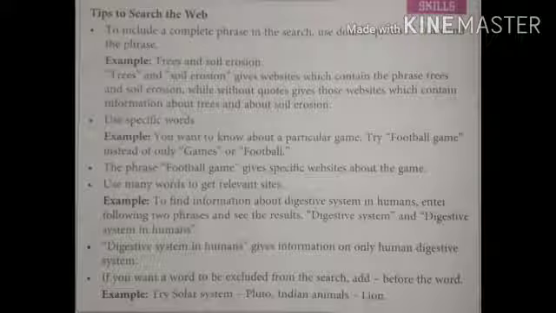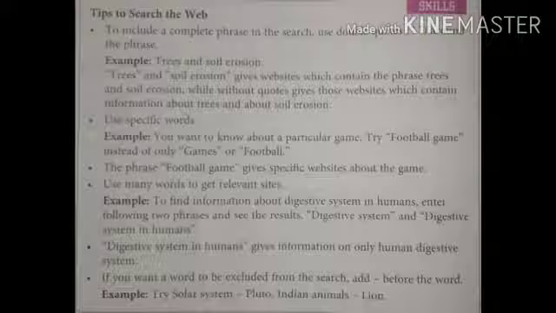Then the next point is use as many words as needed to get relevant sites. For example, if you want to find information about the digestive system in humans, then enter the following two phrases and see the results.